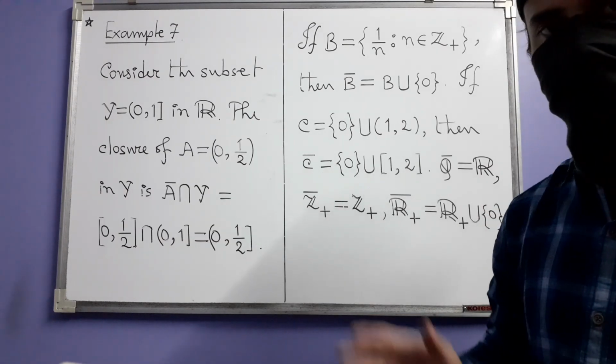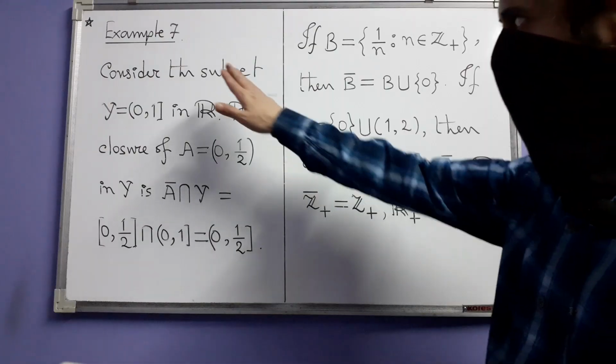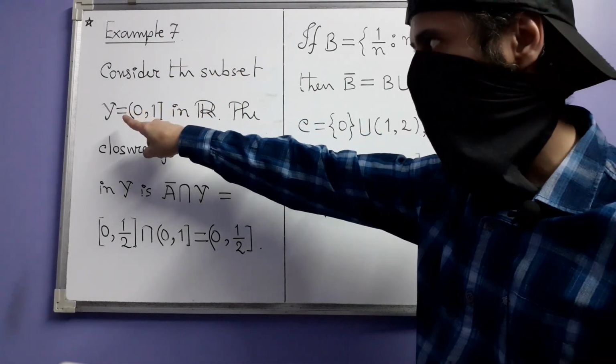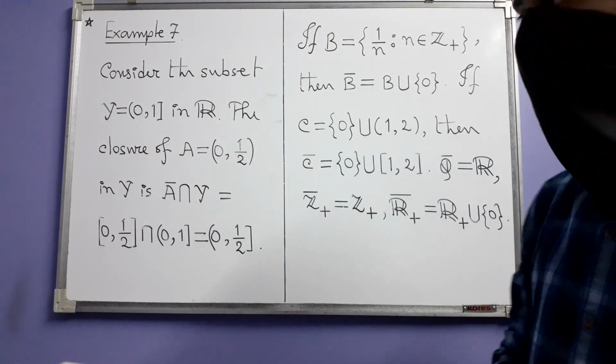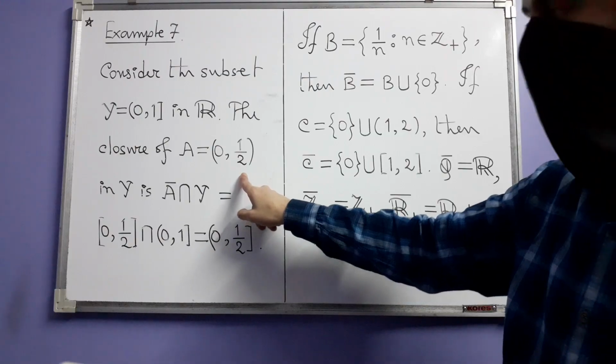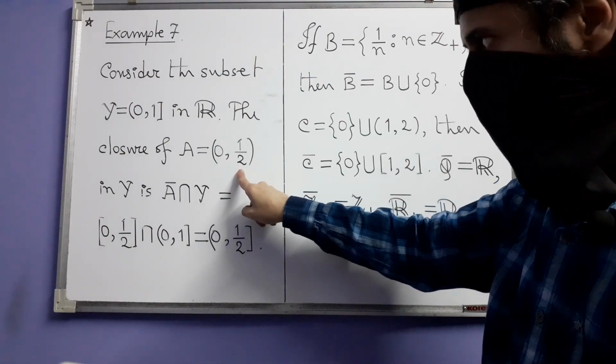And finally, let's consider one more example where again we consider that same interval in R, but this time as a subspace Y in R. And inside of Y we consider this other subset A, the open interval (0, 1/2).